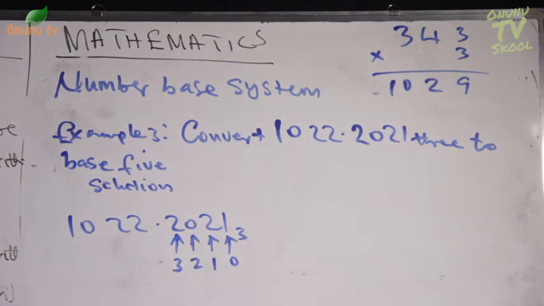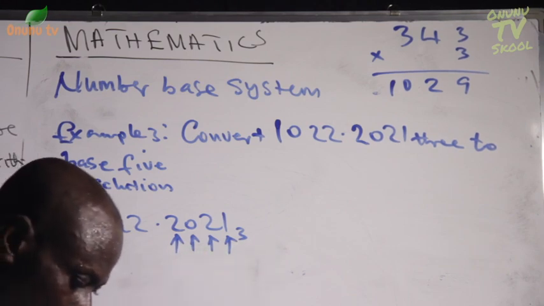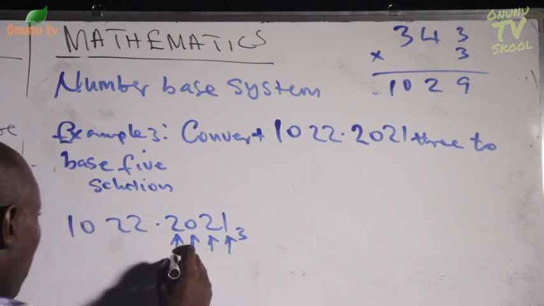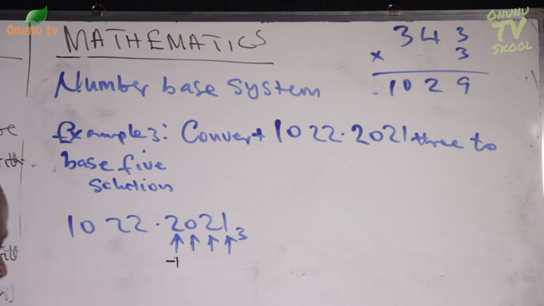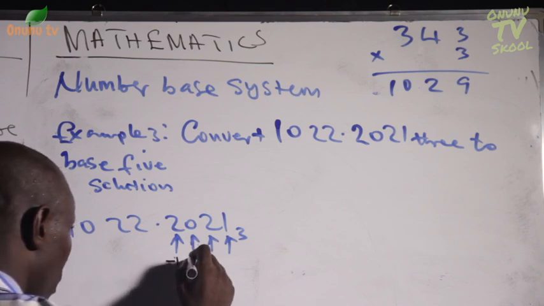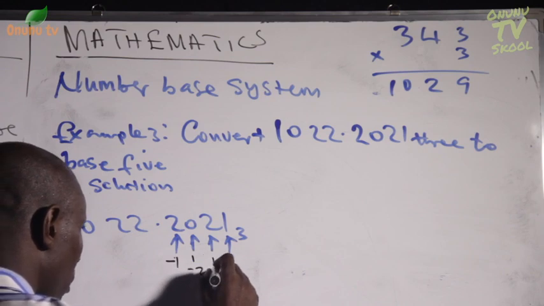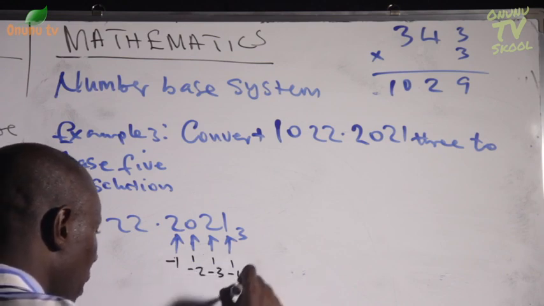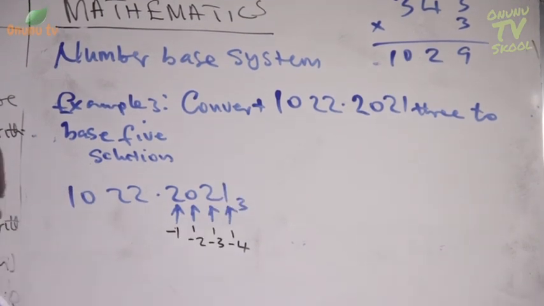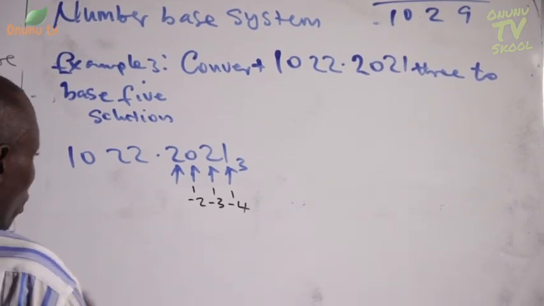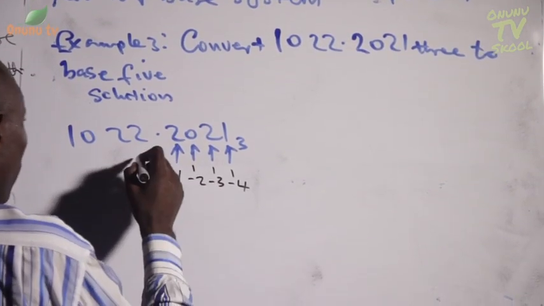I did not indicate the negative sign. Let me use this marker. Now we have -1, -2, -3, and -4. You start from minus and progress from -1 to -2, -3 because it's a decimal number.